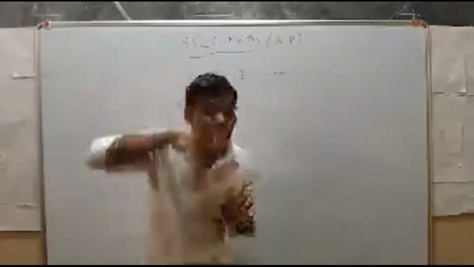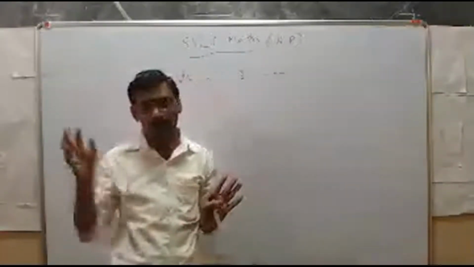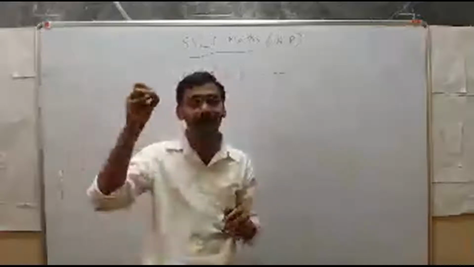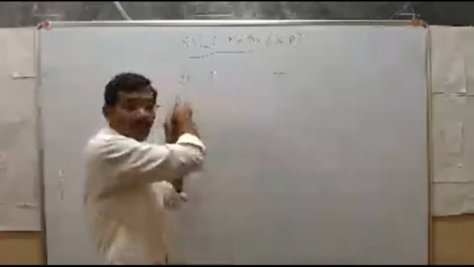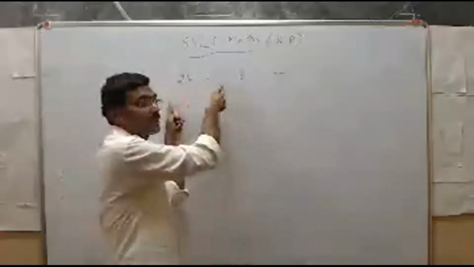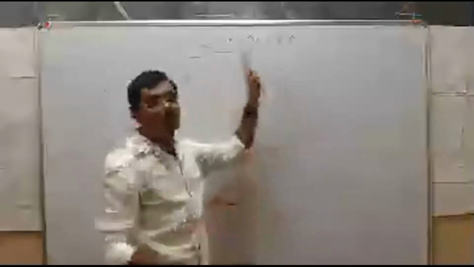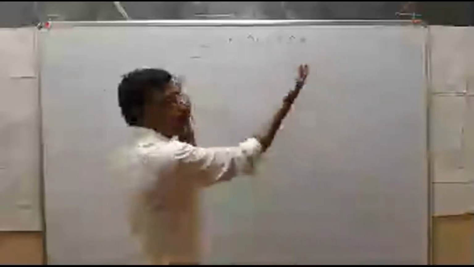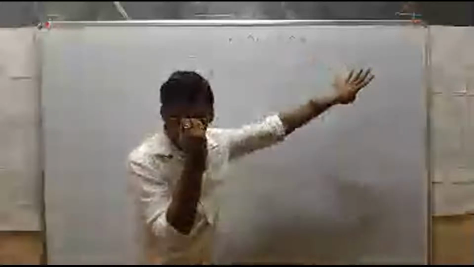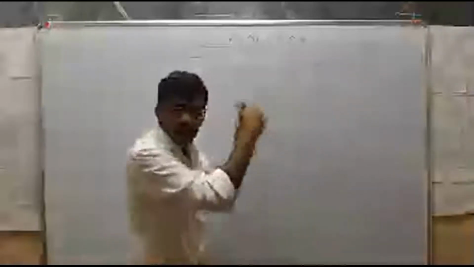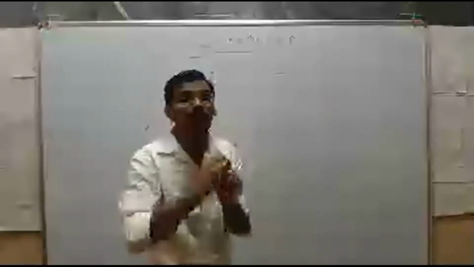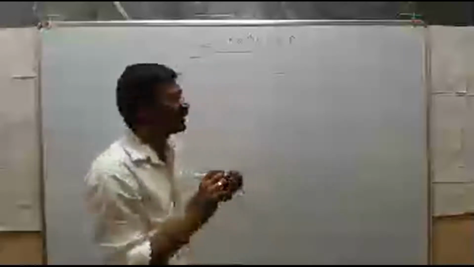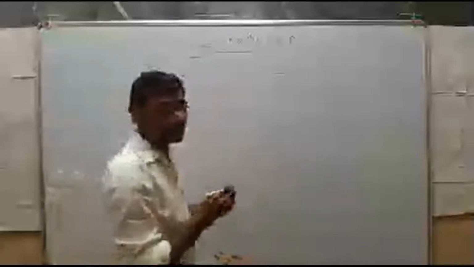We have to find for the sum of how many terms it becomes 78. That means we have to find the value of n.